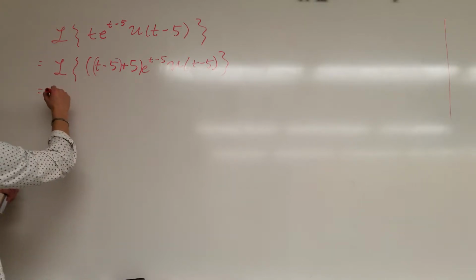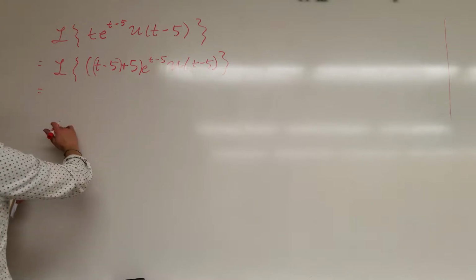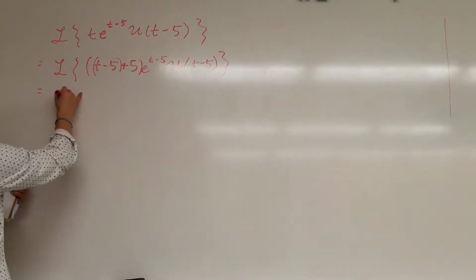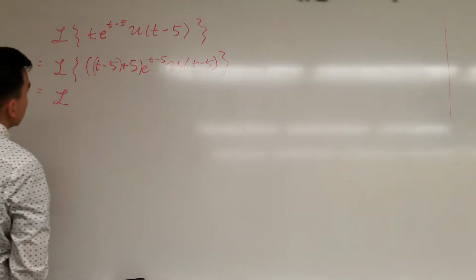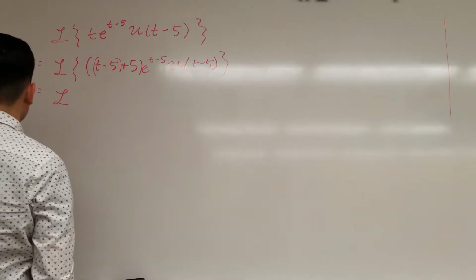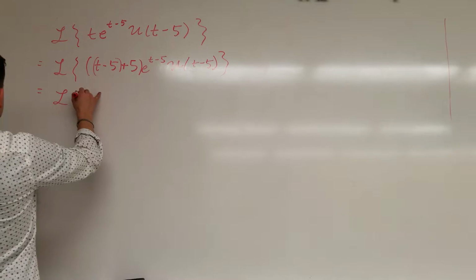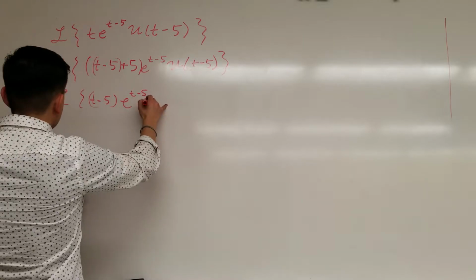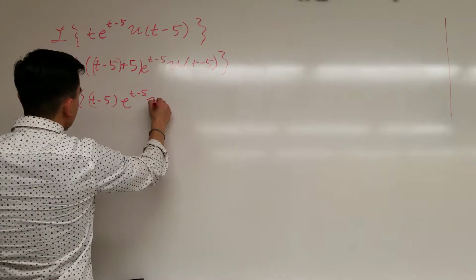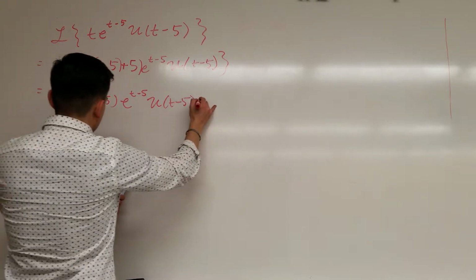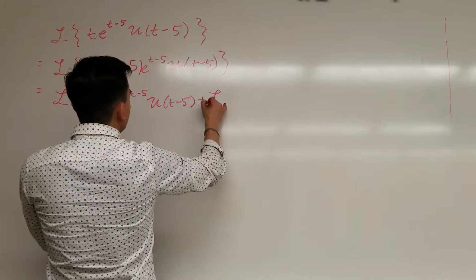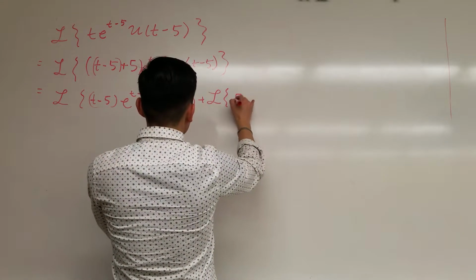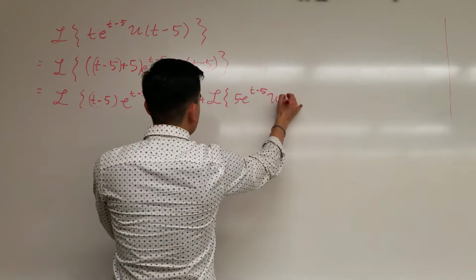So now, if I were to basically distribute everything, I'll have t minus 5, e to the t minus 5, unit step t minus 5, plus 5e to the t minus 5 unit step t minus 5.